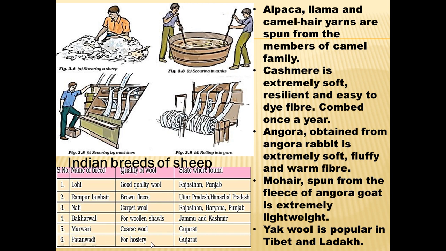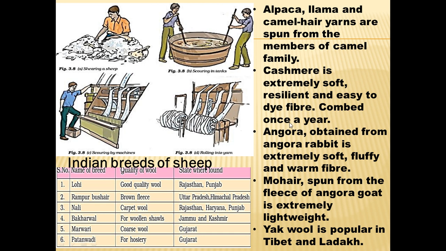Generally, my dear students, you need to keep an eye on some facts. Alpaca, llama and camel hair yarns are spun from members of the camel family only. Kashmiri is an extremely soft, resilient and easy to dye fiber. They are combed once a year.